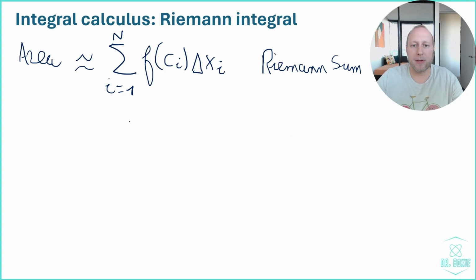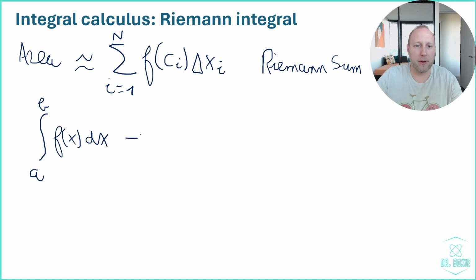Now we can make the approximation better by taking more and more of these subintervals, so making all of them narrower, and as n increases, we hope that the approximation becomes better and better. Now there are some conditions for this to hold. It's not necessarily true that it becomes better for any function, but under certain conditions, taking the limit in a specific way, we define the Riemann integral from a to b of f of x dx.